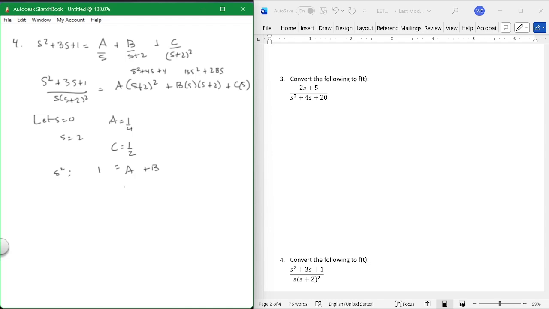If a equals 1/4, b has to equal 3/4. So the final answer is 1/4 plus 3/4 e to the minus 2t plus 1/2 t e to the minus 2t. Okay, that's that one. A little harder, but still doable.